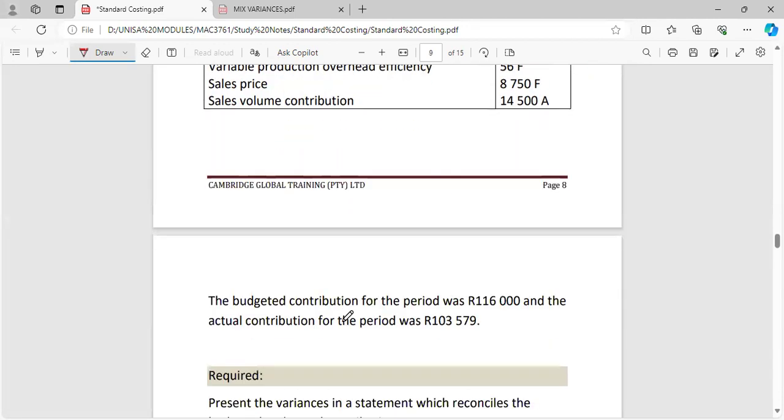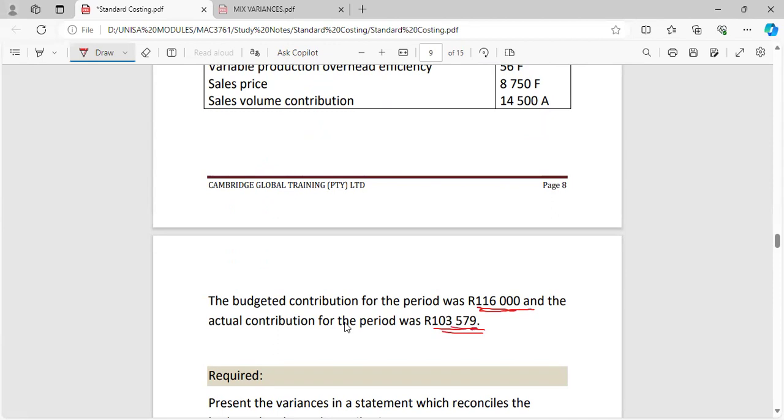Then they go and say the budgeted contribution for the period was 116,000. See, this is the budgeted contribution, and the actual contribution was 103,000. Do you see the budgeted contribution here is higher than the actual contribution?